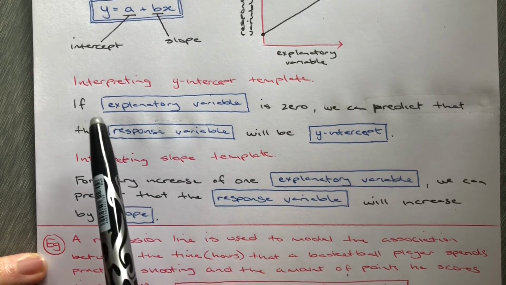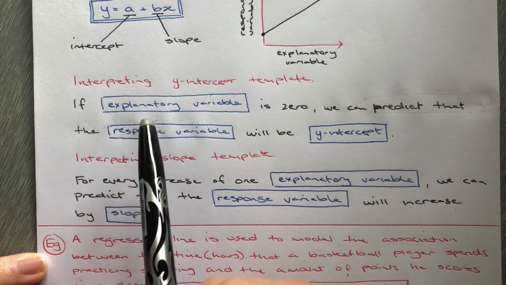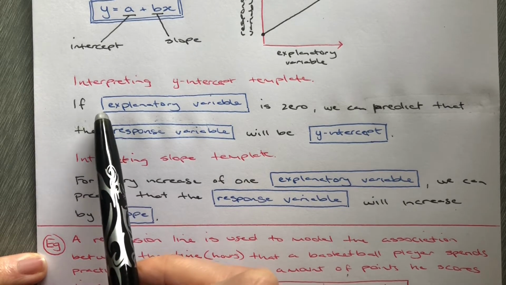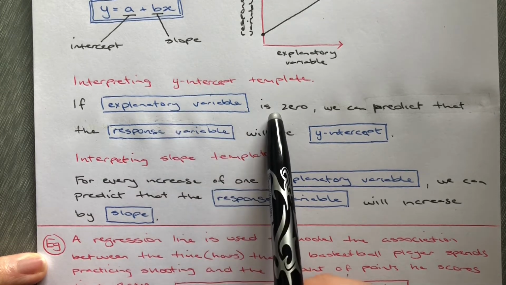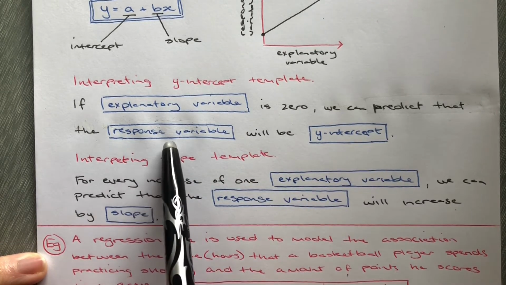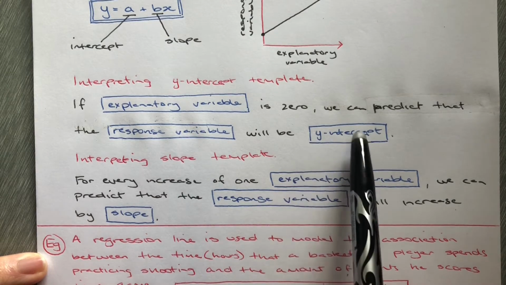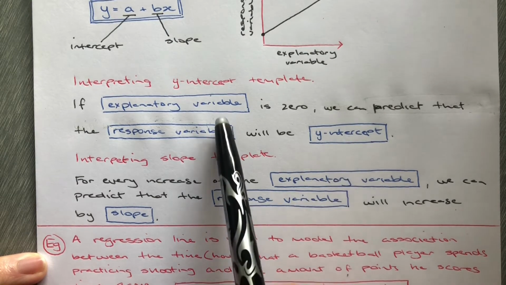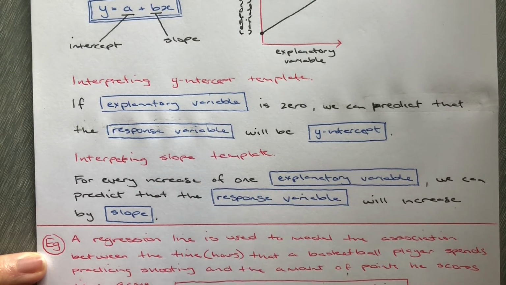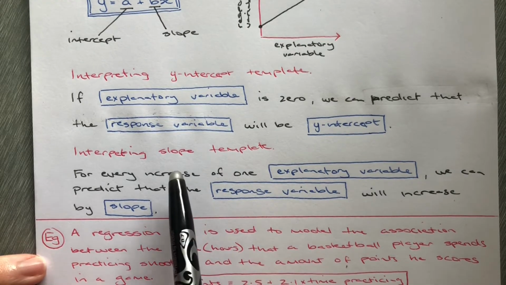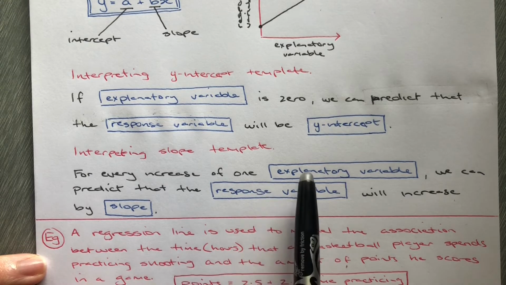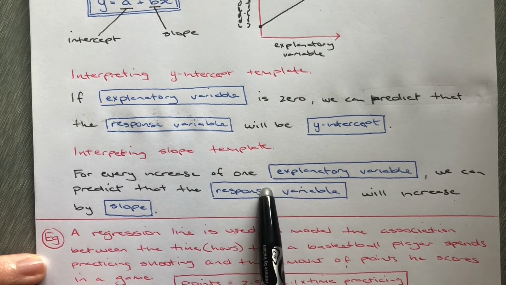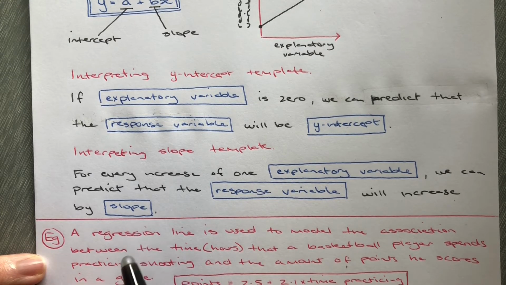If we're interpreting the y-intercept, the sentence starts: if the explanatory variable, whatever that is, is 0, we can predict that the response variable will be whatever the y-intercept is. So we're just filling in these three boxes. We can do the same thing for interpreting the slope. The sentence is slightly different, but we're doing the same thing, entering whatever those variables are and whatever the slope is.